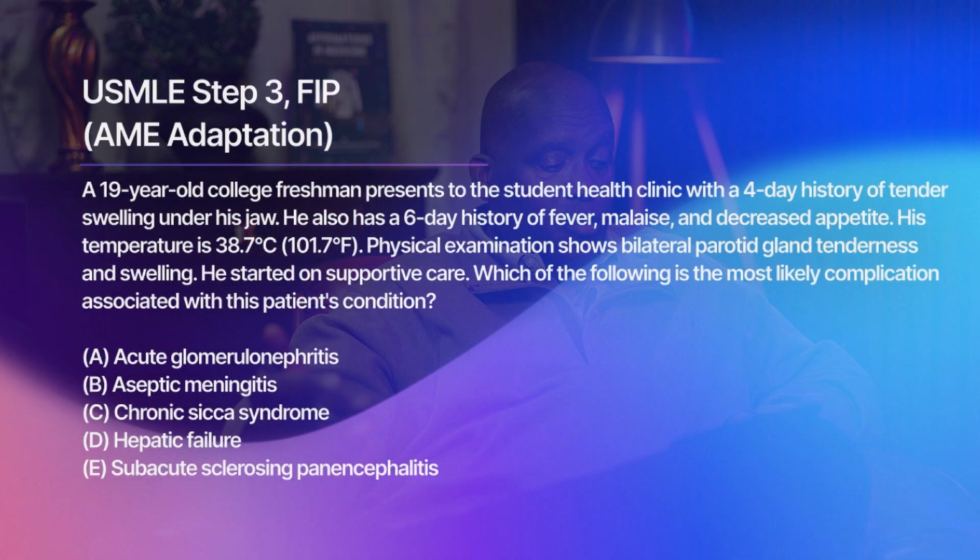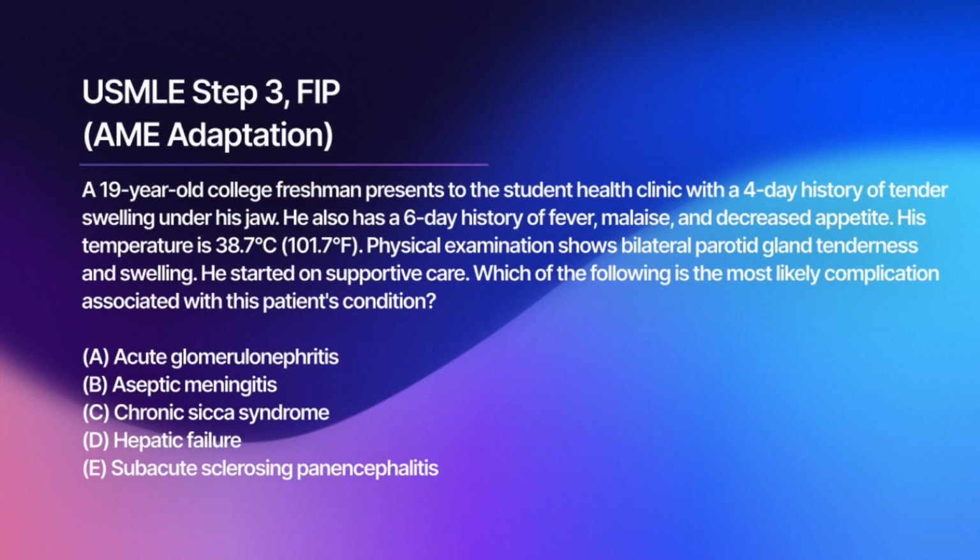So that leaves you then with B and C, B a possible and C a question mark. Testing strategy says you choose the possible if it's possible versus a question mark. Right. So what are you going to do? I'm going to go with B, aseptic meningitis, because I don't know what chronic Sicca syndrome is. All right. Which confidence level on it?